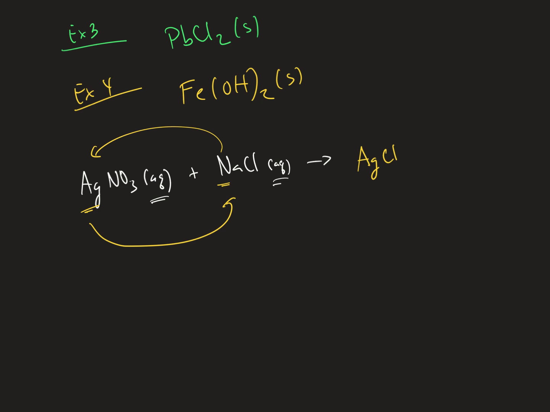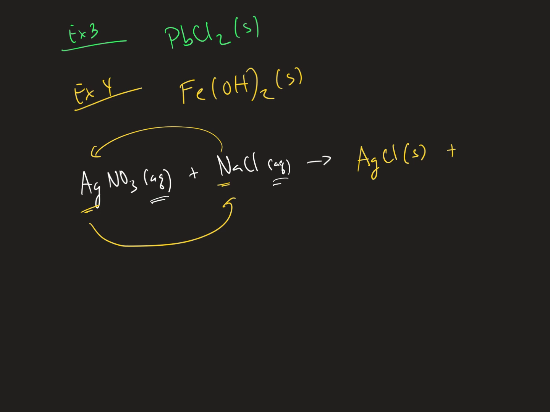AgCl. Is it solid or aqueous? Is it soluble or insoluble? Insoluble, because chlorine is one of those that has an exception, and silver 1+ is that exception. So that's a solid.